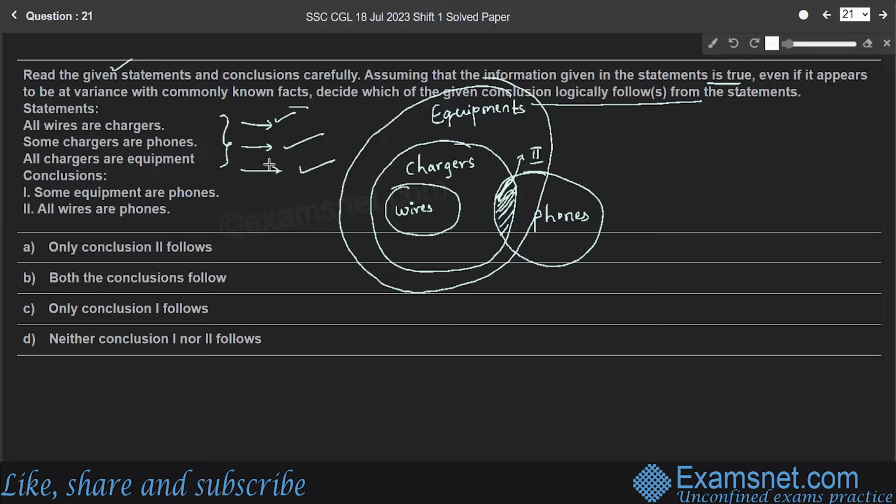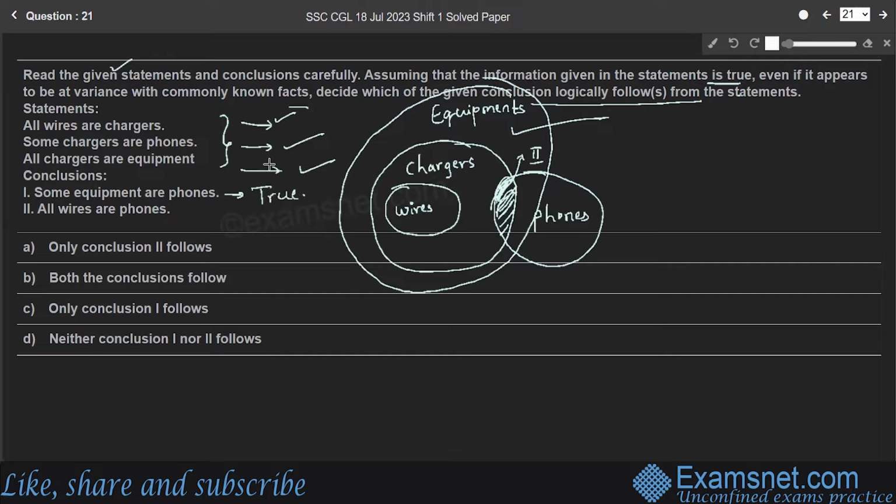Therefore, all chargers are equipment. Come to the conclusion part. Some equipment are phones. Since some part of chargers is part of phones also, some part of chargers is also part of equipment. Therefore, 'some equipment are phones' is a true conclusion.